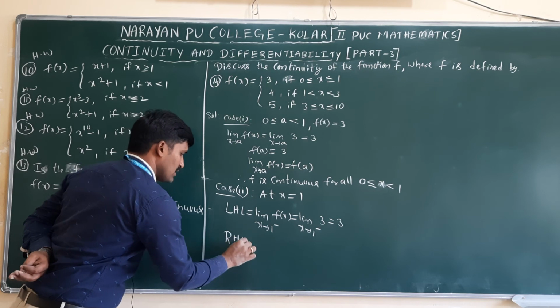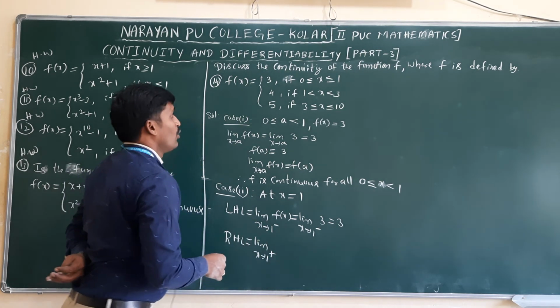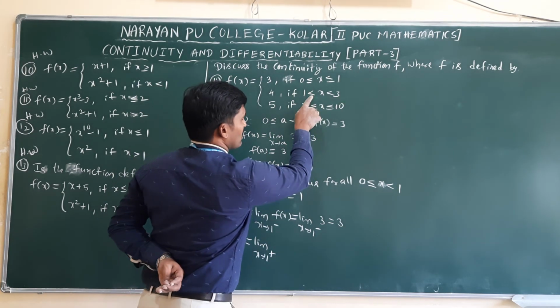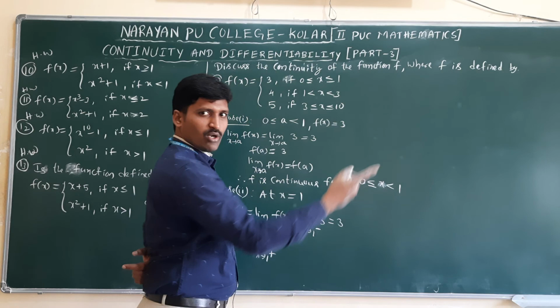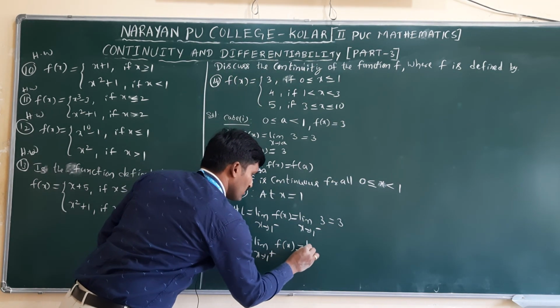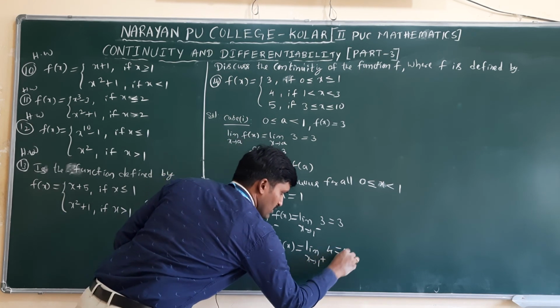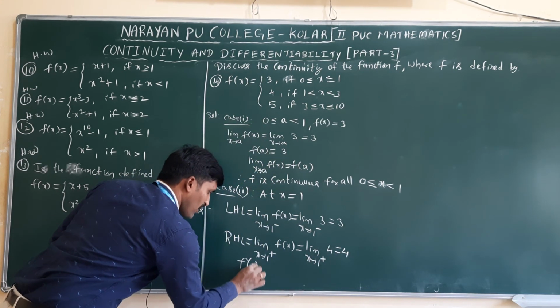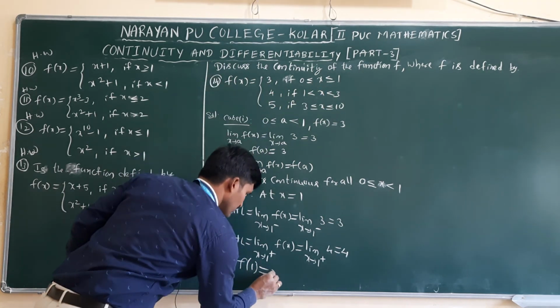Next, RHL, limit x tends to 1 plus. 1 plus means x is greater than 1. x greater than 1 we can also write as 1 is less than x, same meaning. What is the function? 4. Limit x tends to 1 plus of 4 is equal to 4. Next, f of 1. At x equal to 1, what is the function? 3.